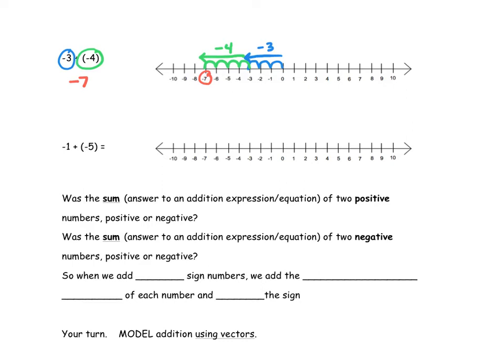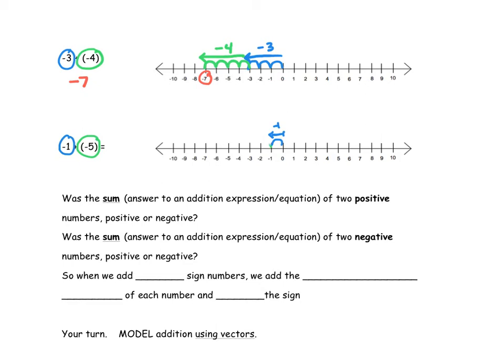So we're always going to start at 0. We're going to go to the number line at 0, and I see the very first number I'm supposed to model is negative 1. So I'm going to count over negative 1. I went to the left because it's negative. So this is a model of negative 1. Now I'm going to start at that negative 1, and I'm going to model negative 5.